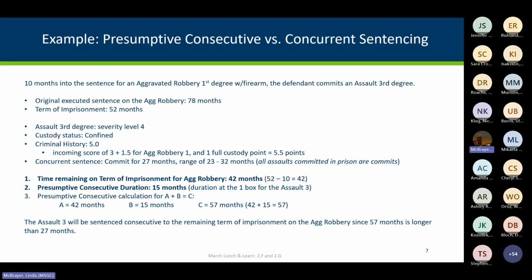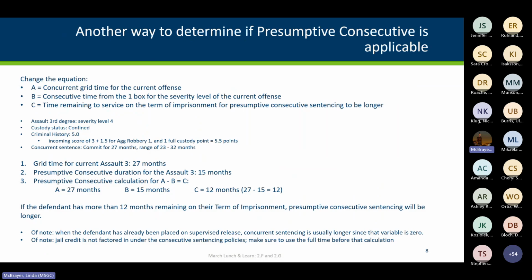And so one other way that we can approach this that I personally like to do, and that's why I'm sharing it with you, is to sort of change the equation around a little bit and look at the concurrent grid time for the current offense. So in this case, it was 27 months.